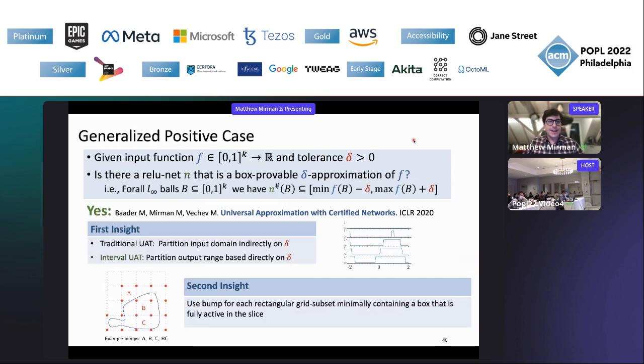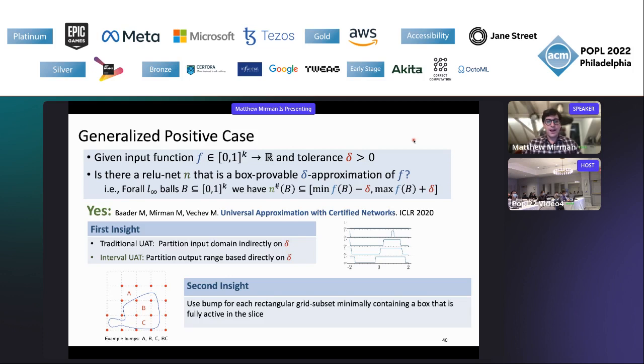The second insight is that whereas our bump functions before only worked for a small range of epsilons, to get it to work for the full range of interval widths, we need to use a bump function for each rectangular grid subset, minimally containing a box that is fully active in the slice.